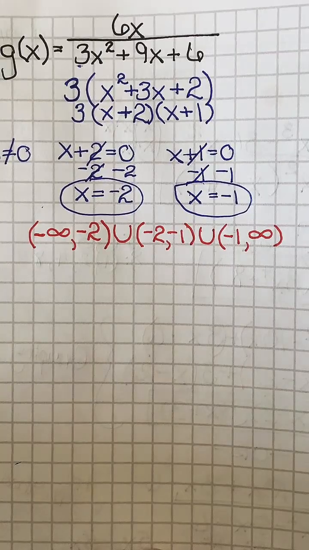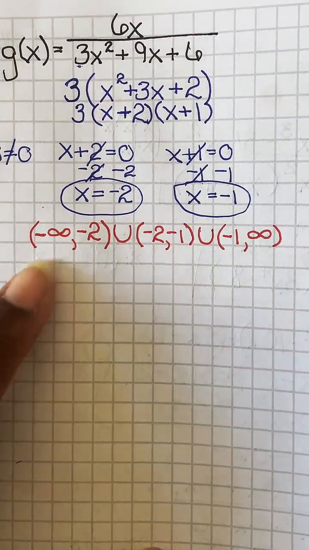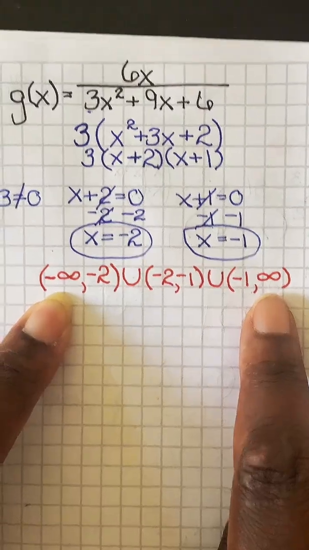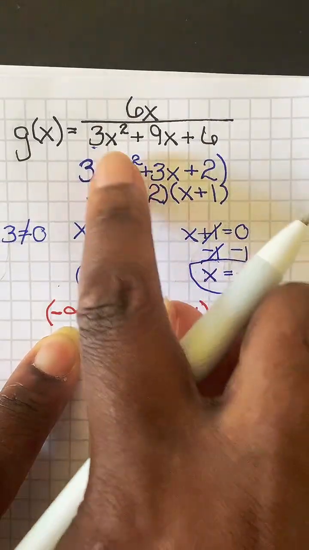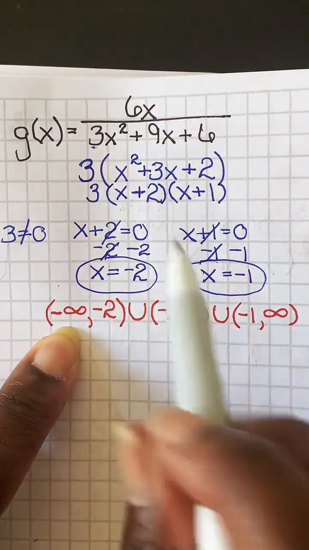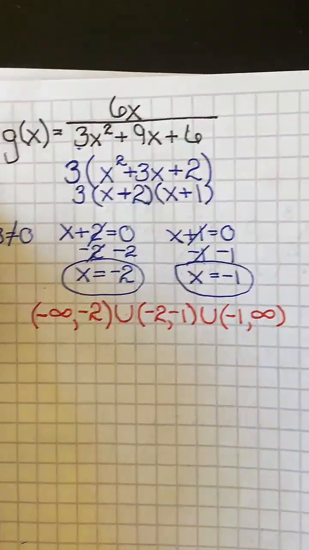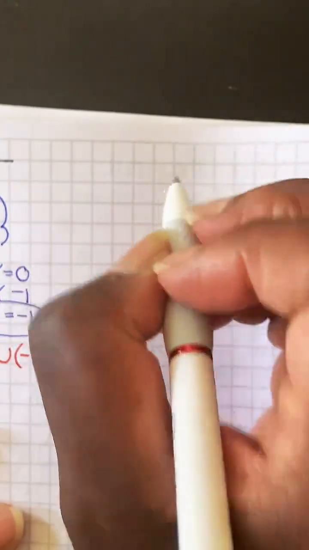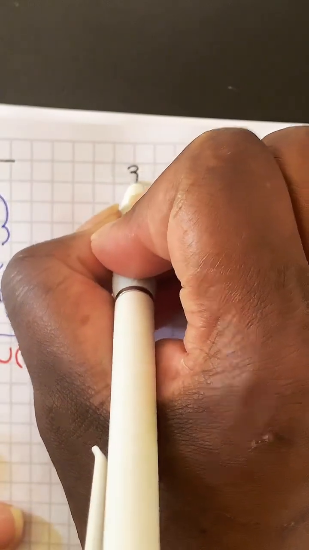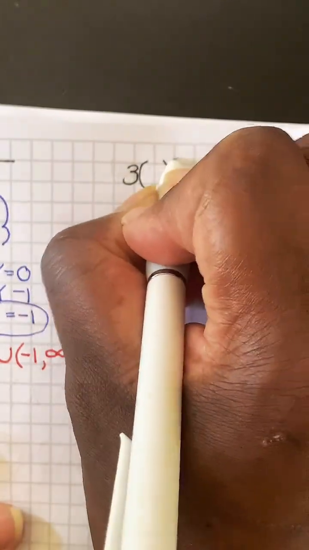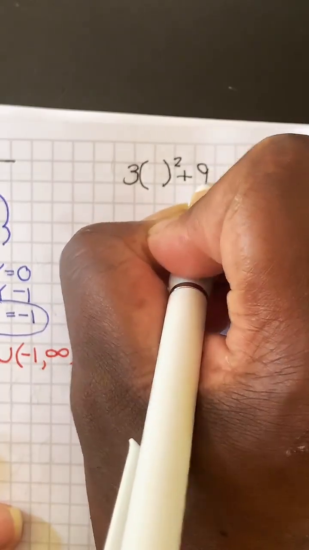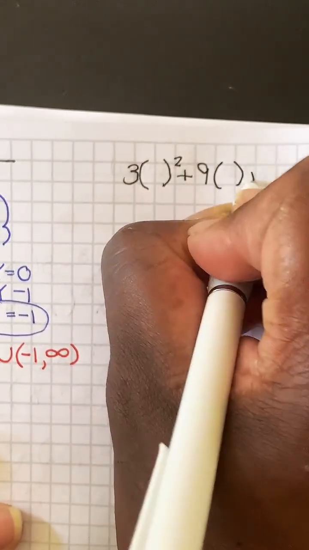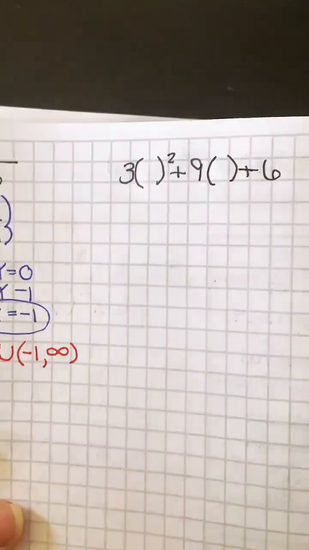So Aaron, it can't be just negative infinity to positive infinity, because if I plug in -2, let me slide over here. So we have 3x squared plus 9x plus 6.